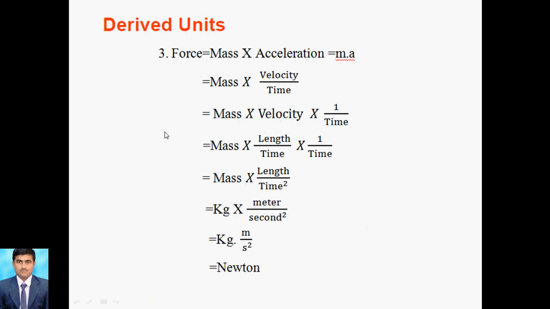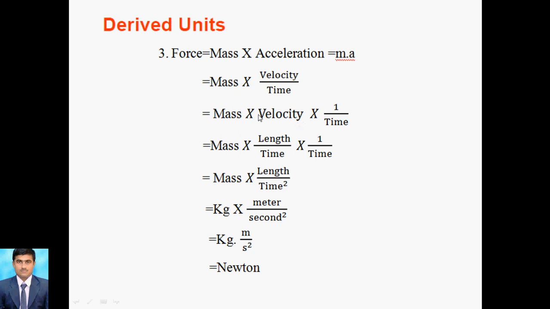The force is mass into acceleration. According to Newton's second law of motion, we know that force is mass into acceleration, that is m into a. As you know, acceleration is nothing but velocity upon time. Mass we can take as it is, velocity as it is, into 1 upon time. The 1 upon time you can separate out, there is no change in the meaning.